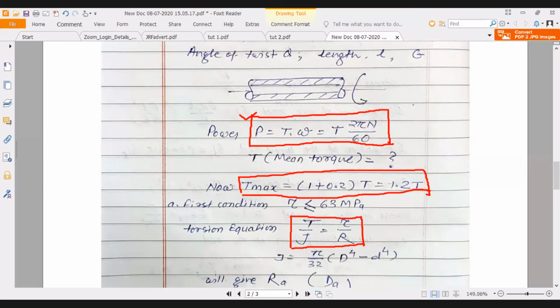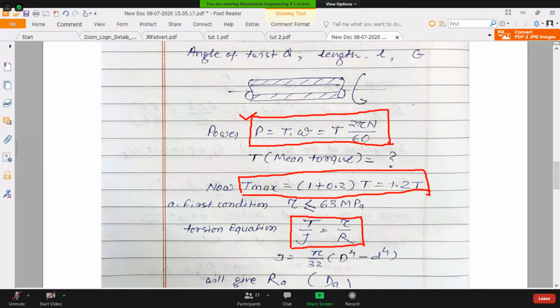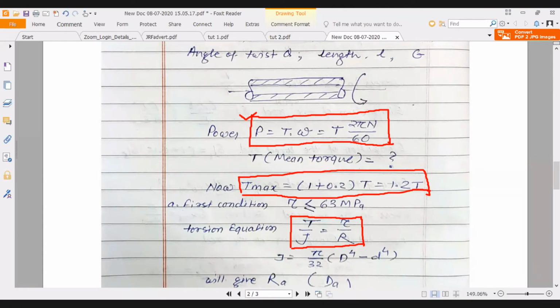What is J here and what is R here? Sir, polar moment. Yes. It is the polar moment of inertia. Polar moment of inertia means the moment of inertia perpendicular to the plane, resisting the plane.